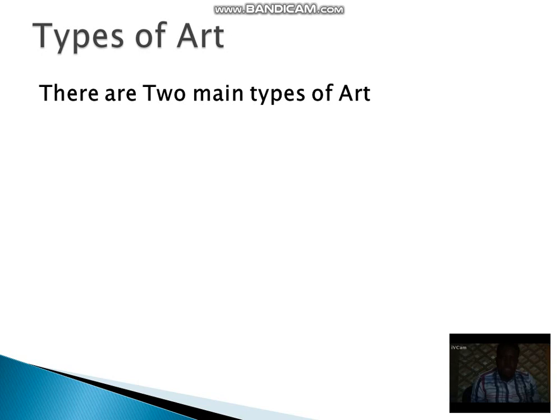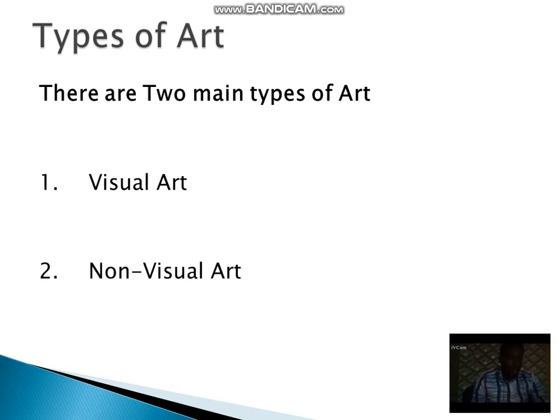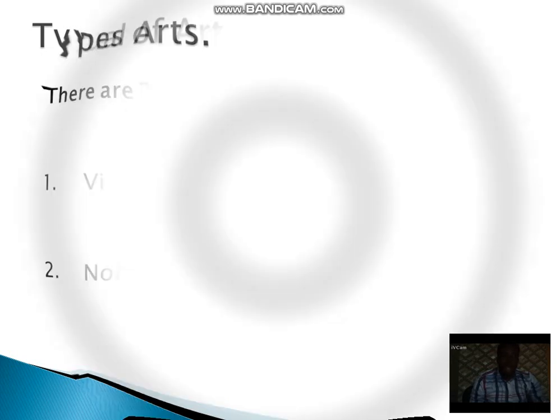Art is a creative activity we use to make beautiful objects, or things that beautify our environment. And there are two main types of art. One, we have visual art. And two, we have non-visual art. Don't forget, today we are learning the types of art, and they are visual art and non-visual art.